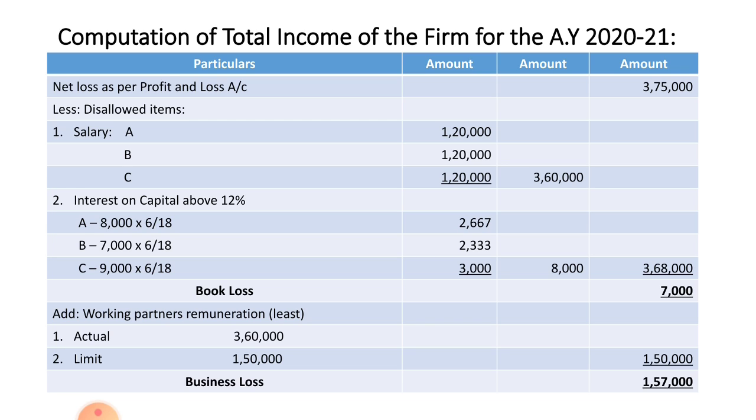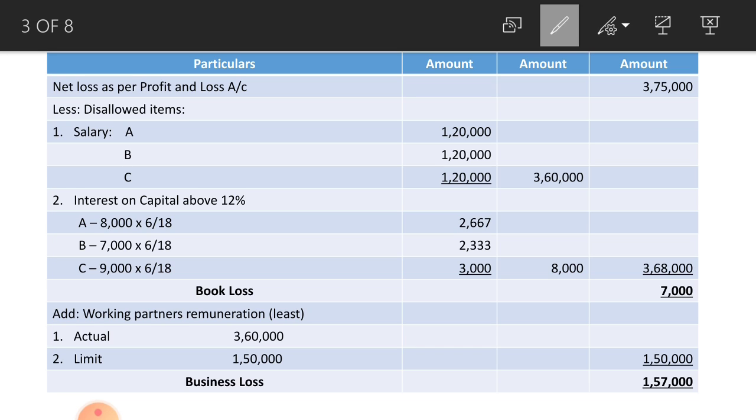So A 8,000 into 6 by 18, because up to 12 it is allowed, that amounts to rupees 2,667. Second one, B, 7,000 into 6 by 18, that is 2,333. And third one, C, 9,000 into 6 by 18, that amounts to rupees 3,000. So the total of interest on capital above 12% amounts to rupees 8,000. So the total of disallowed items amounts to rupees 3,68,000.